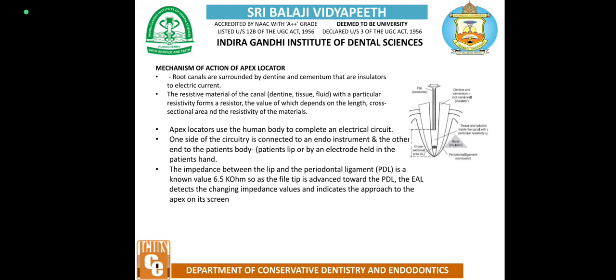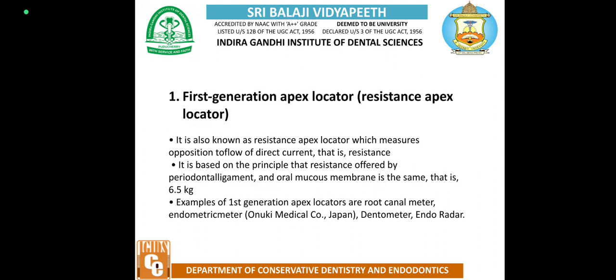One side of the circuit is connected to an endo instrument and the other end to the patient's body. The impedance between the lip and the periodontal ligament is a known value, 6.5 kOhm, so as the file tip is advanced towards the PDL, the electronic apex locator detects the changing impedance values and indicates the approach to the apex on its screen.